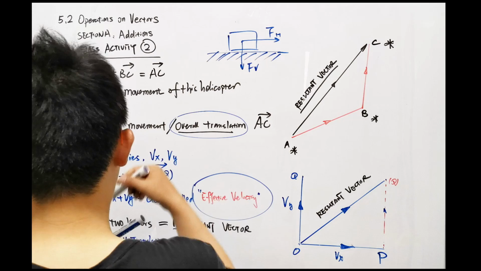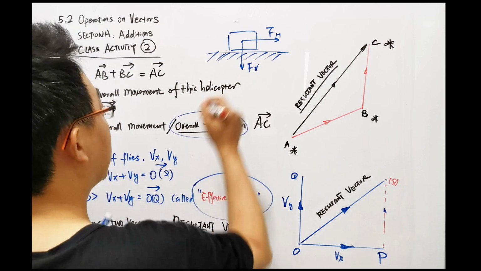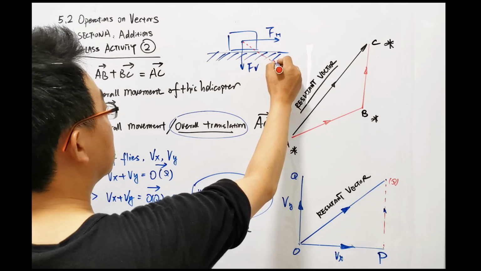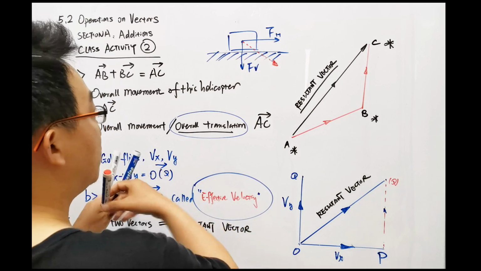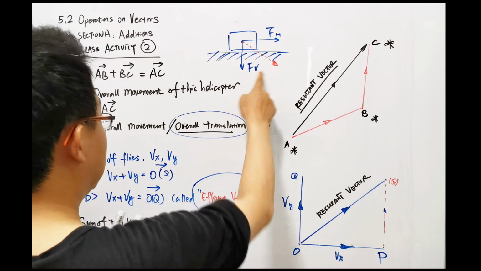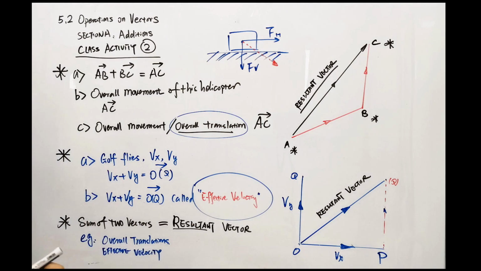So we have a combined sum of these two vectors. We use the parallelogram law. So we have this sum, we call it the resultant vector, the resultant force. So these are all the examples.